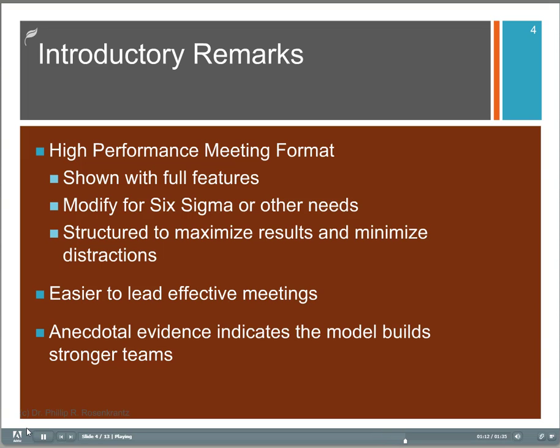They reported that the high performance team model was why they had done things so effectively. But the added comment that kind of struck me was they said, and they also believed that they would probably be lifelong friends because of the bonding they had during the course of the project. So I thought that was kind of interesting.